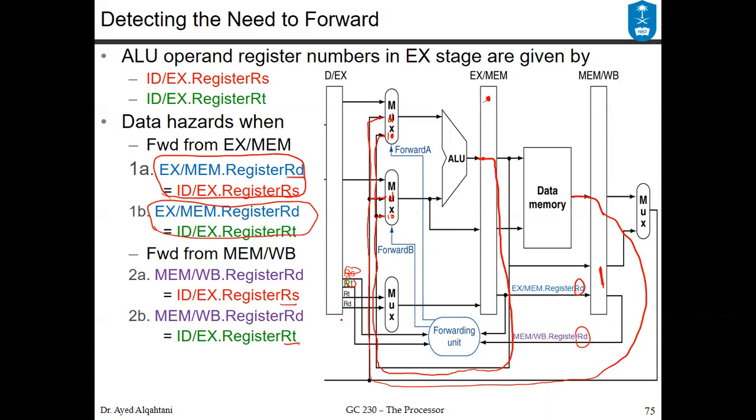This way you detect the pipeline. So let's have a close look at the forwarding unit.